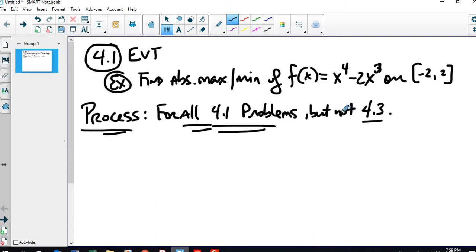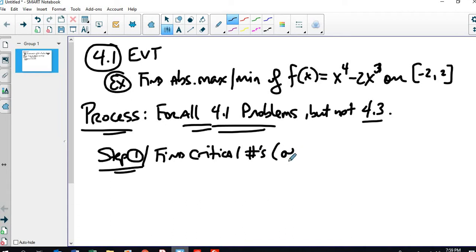That's a different process, okay? So what's the process? Step one is we need to find critical numbers. And of course, those are found by finding the first derivative.